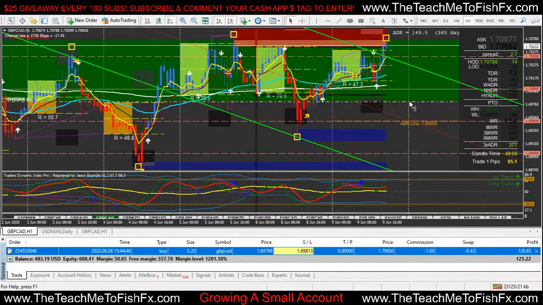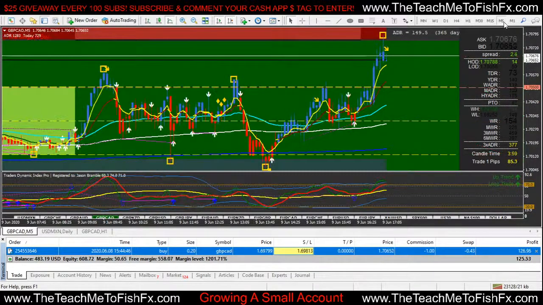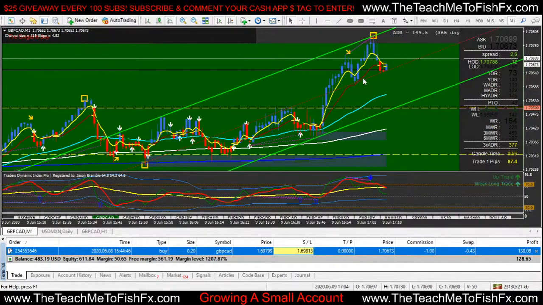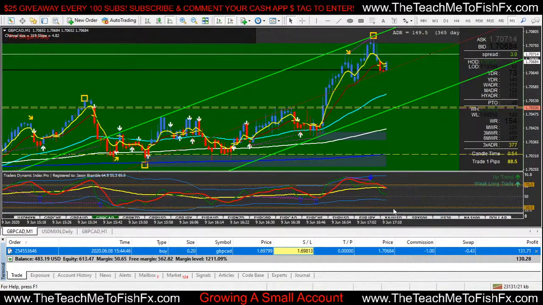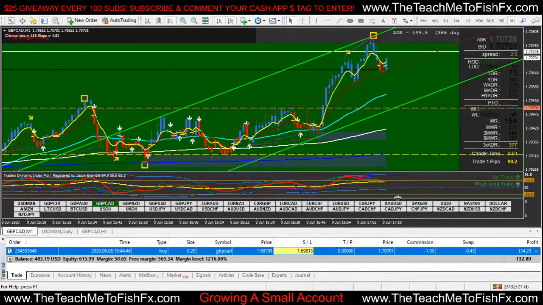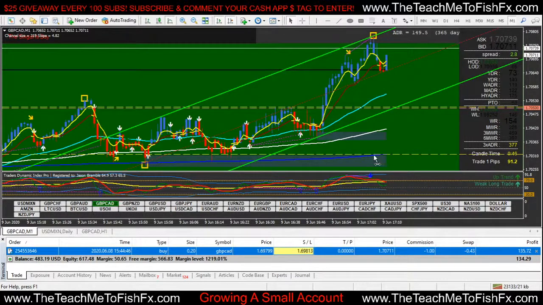Another thing that you can do is set one trade here, and then with this trading system and the knowledge we share with you, you can go down and trade on a lower time frame. Sometimes you guys will see me do that with the S&P 500. I like the S&P 500. I like how it moves.